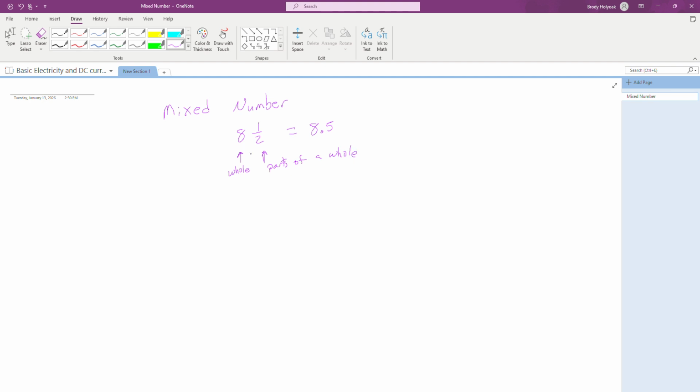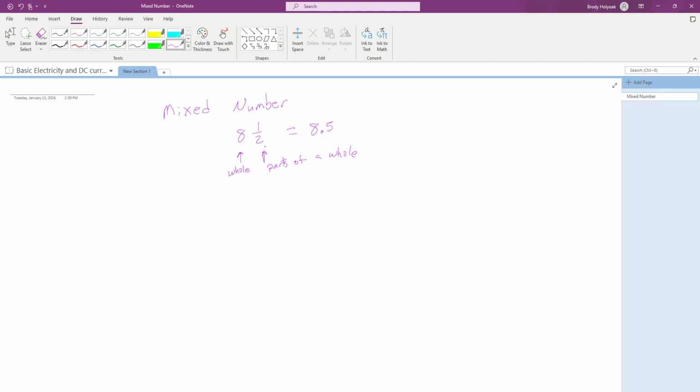And what that means is if I have 8 wholes, I have 8 sets of these halves because 2 halves are going to make a whole. So I have 2 halves for every single one whole that I have.